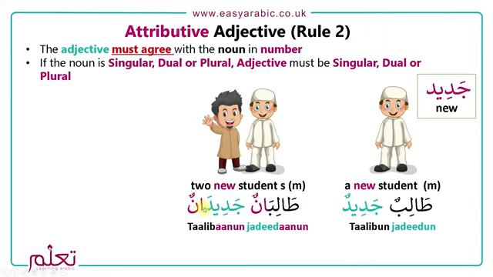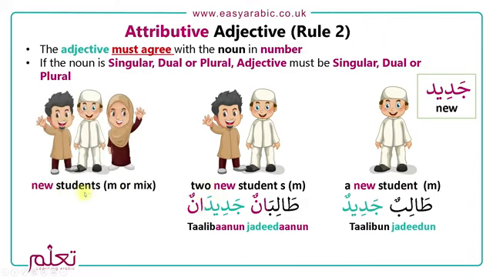Then we have the new students, male or mix, and the plural for students is tullab. So it's tullabun, and we also need to use the plural for jadid, which is judud. So it's tullabun jududun.